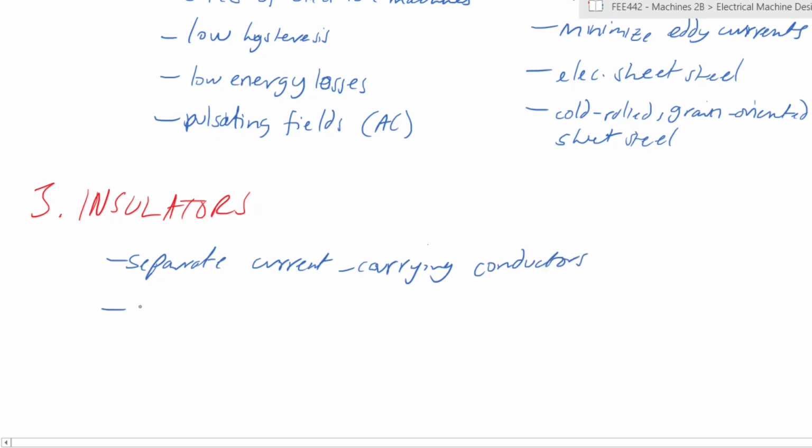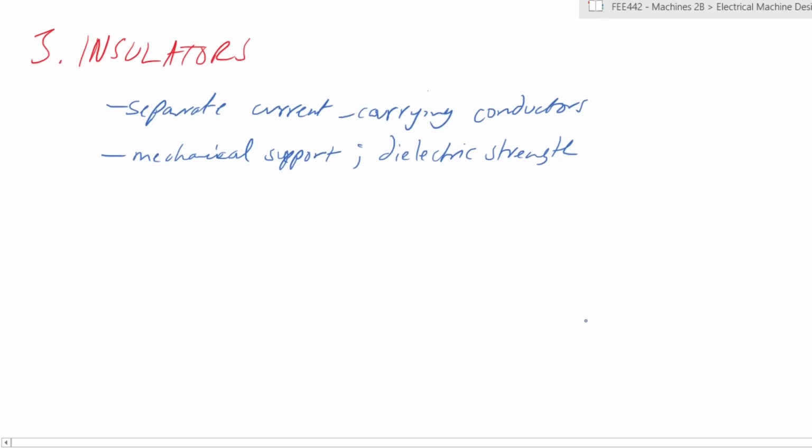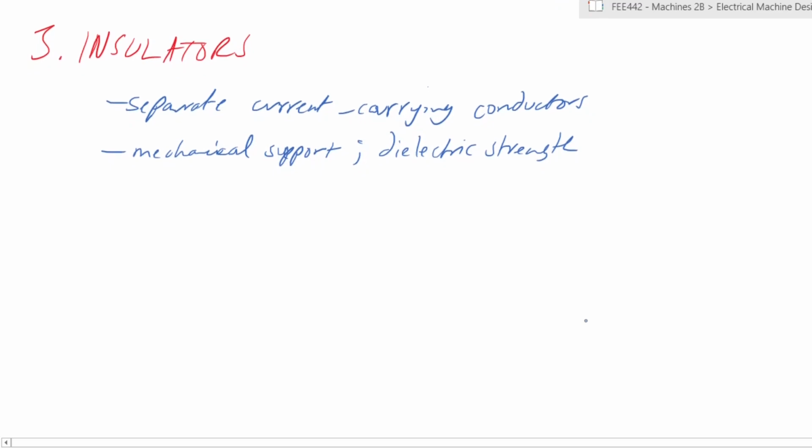So that means they need mechanical strength to a degree, because they provide mechanical support to the windings, but most importantly, they need dielectric strength. That is, they must be able to withstand a voltage gradient between the current carrying conductors.